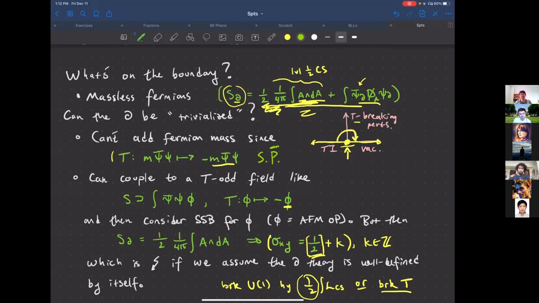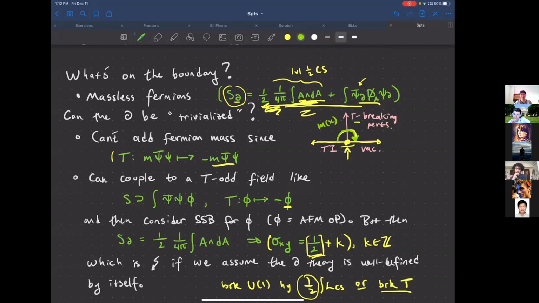So the symmetry is protecting. As I was just explaining, the T is needed because otherwise I could add this mass term and smoothly connect the two. So the T is needed, and the U1 is needed at the same level.